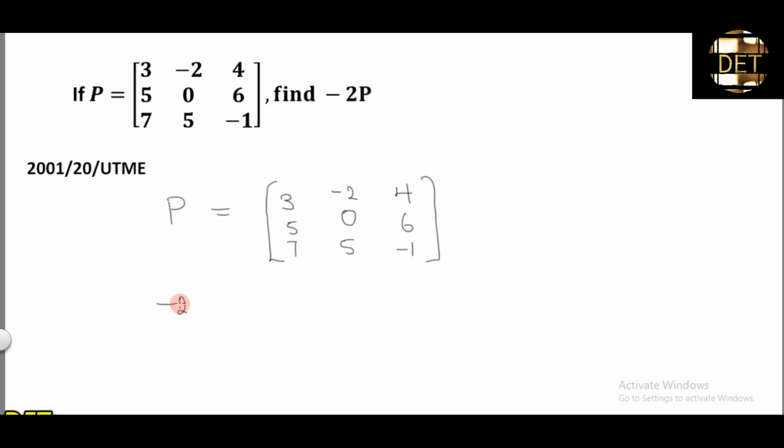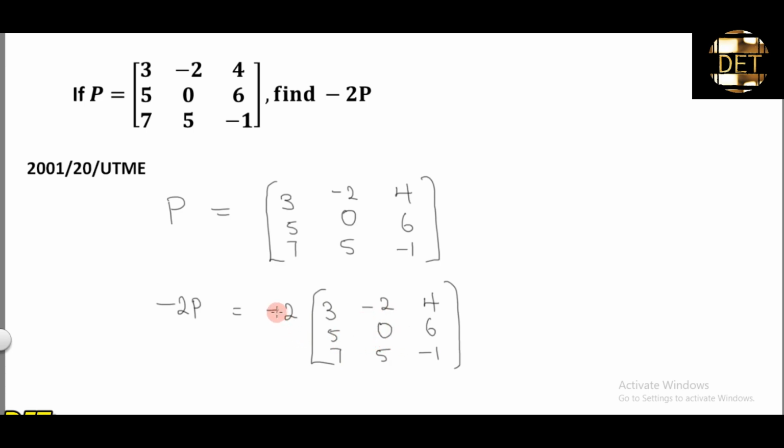So my minus 2P will be equal to minus 2, open bracket. I will write the elements of P here. So we have 3, 5, 7, minus 2, 0, 5, 4, 6, minus 1. I would use this minus 2 to multiply all the elements within this matrix.